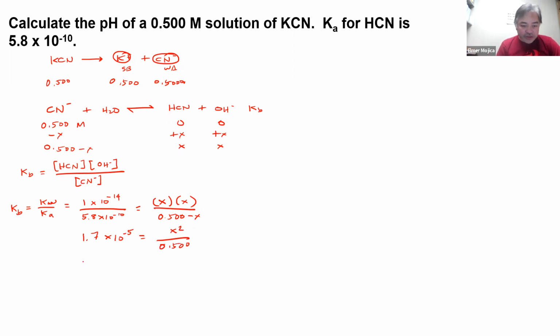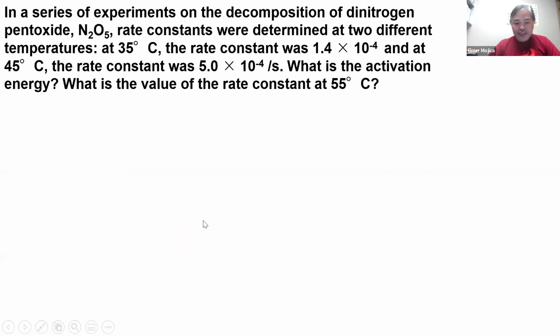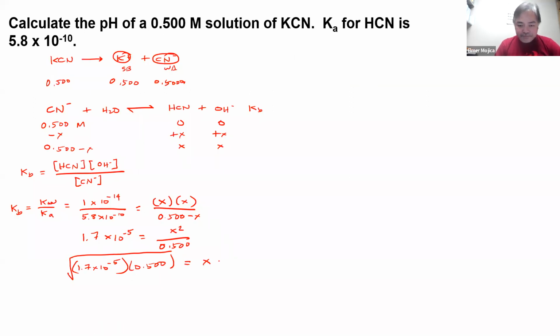So if we're going to cross multiply the two and get the square root, we can get the value of x. And x is equals to what? The hydroxide. So based on this one, x here is equals to 2.9 times 10 to the negative 3. So this is equals to your hydroxide.